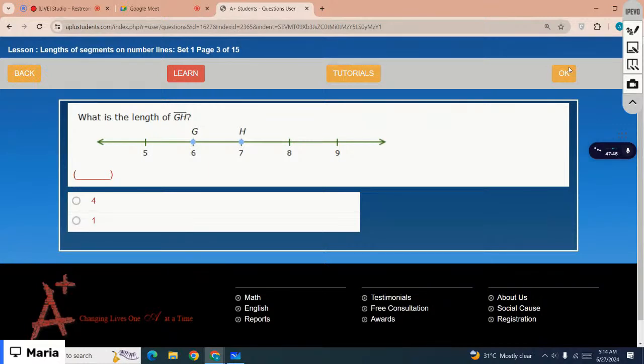What is the length of GH? Yes, the length is 1. The correct option is 1.